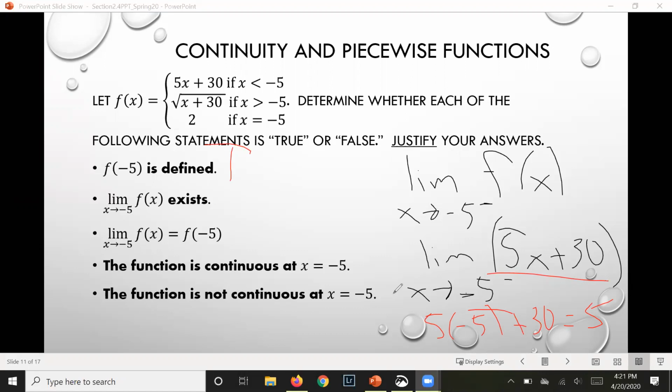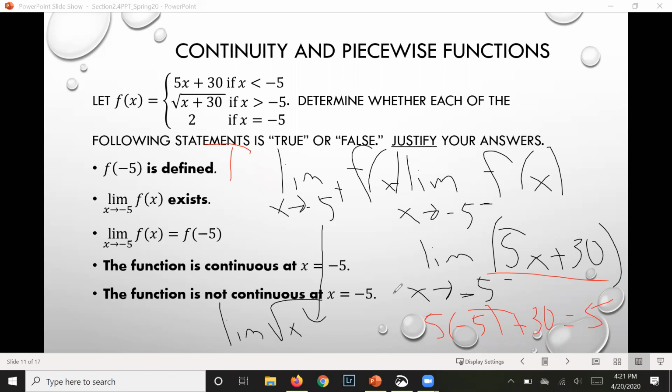If we look from the other side, so the limit as x approaches negative 5 from the right-hand side now, well, that tells us to use the other function. So this is going to be the limit using the square root of x plus 30 now.